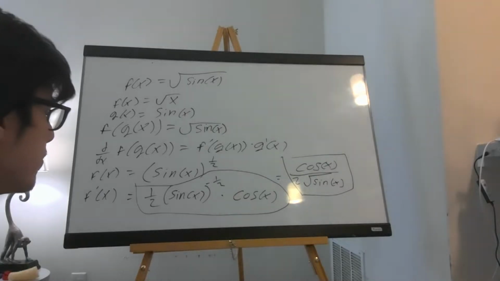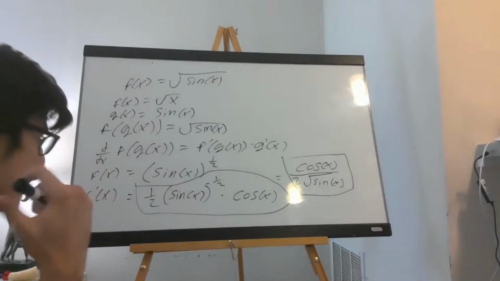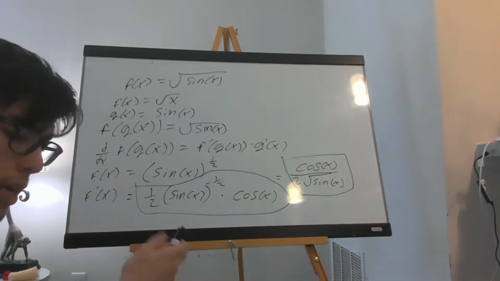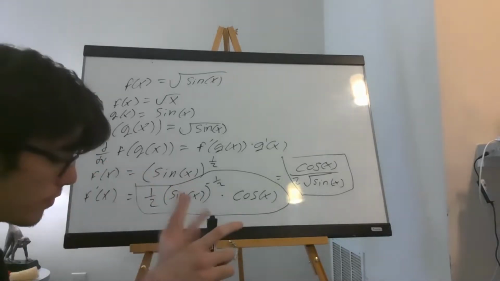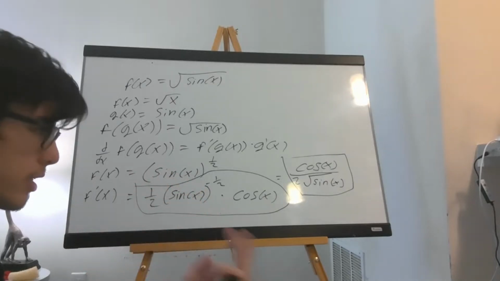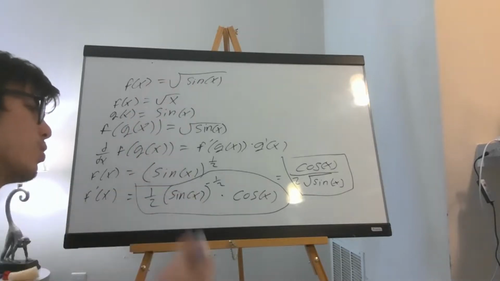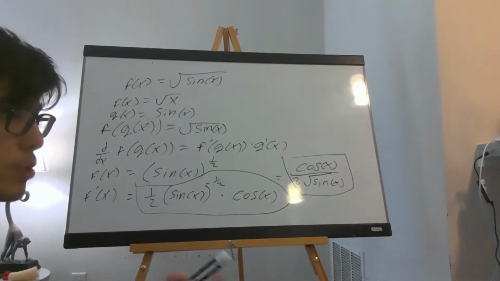So this is just the basics of the chain rule: take the derivative of the outside, keep the inside, and multiply by the derivative of the inside, which is exactly what we did here. If you see a radical, you're going to want to change that to an exponent.